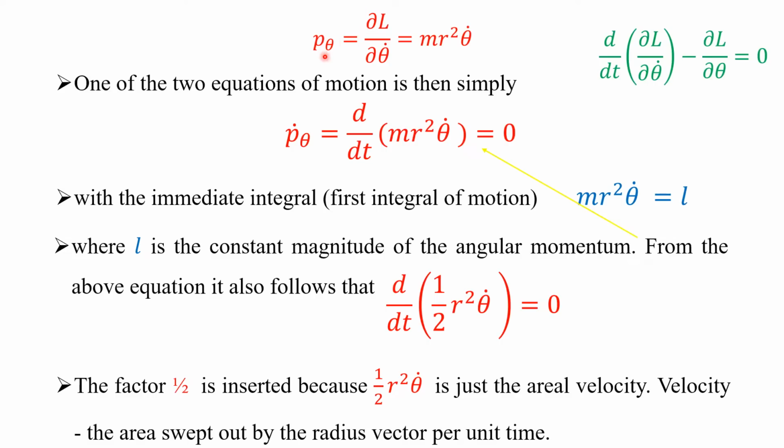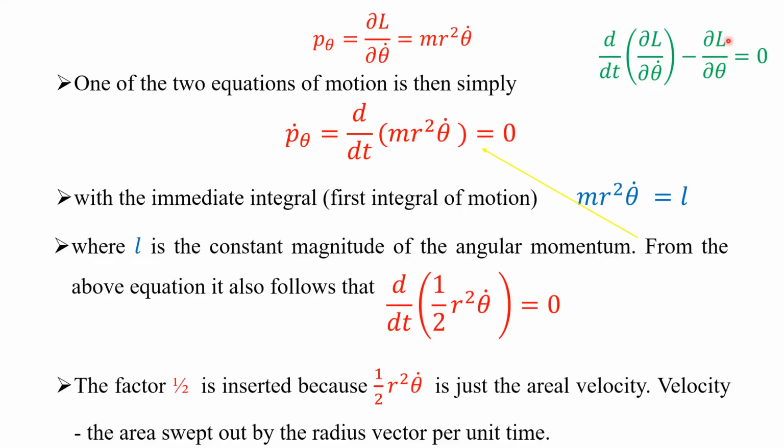Just now we have seen p theta is equal to partial L over partial theta dot, which is equal to m r squared theta dot. One of the two equations of motion is then simply p theta dot. You can make use of the Lagrange equation.